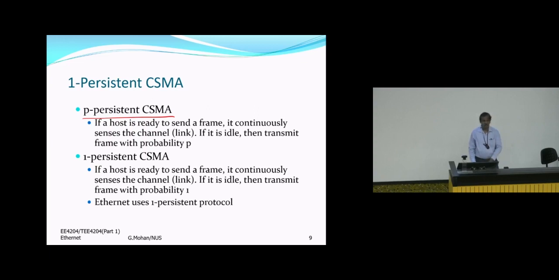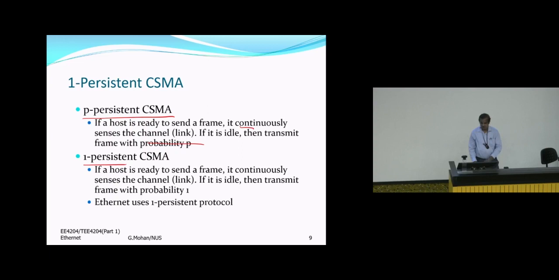Can it send immediately? Of course, it senses the channel. If the channel is free and it sends immediately, assuming that nobody else is transmitting, then it is one persistent. With probability 1, it is transmitting.